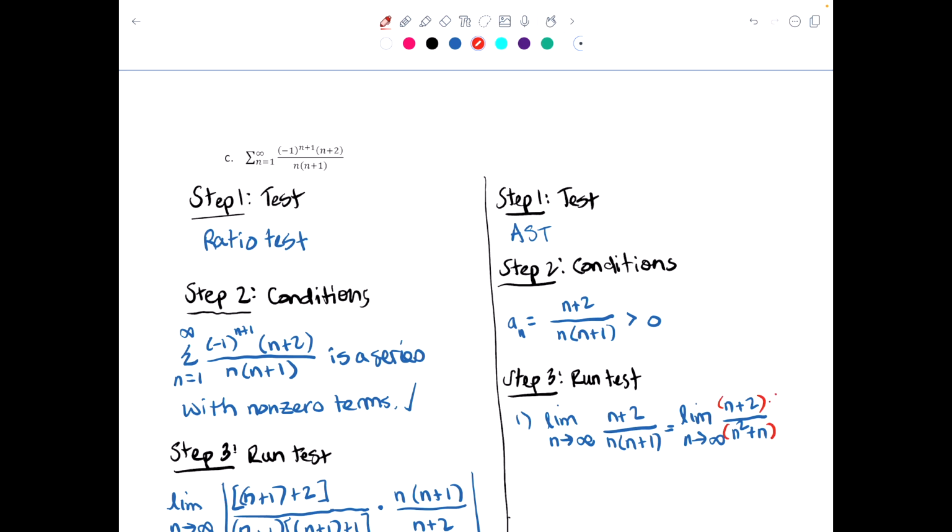Multiply both by 1 over n squared, the numerator and the denominator.